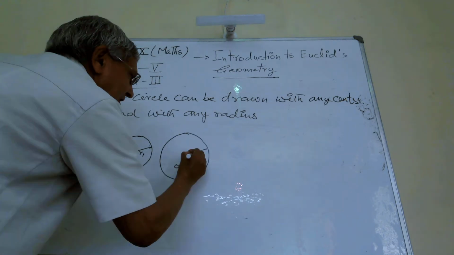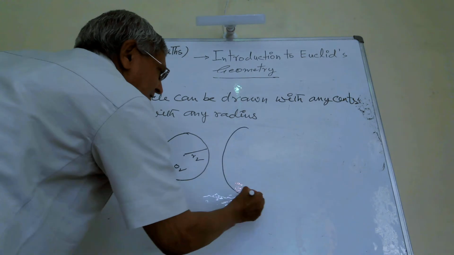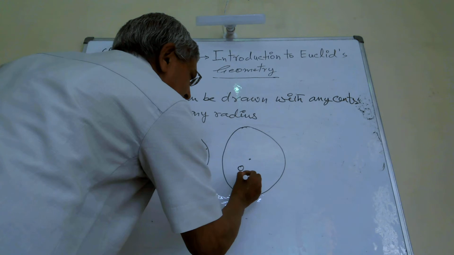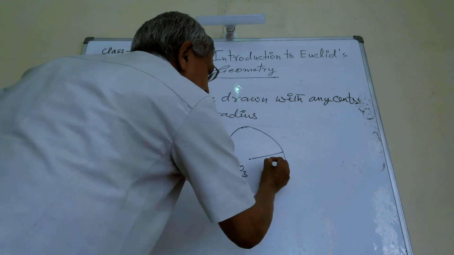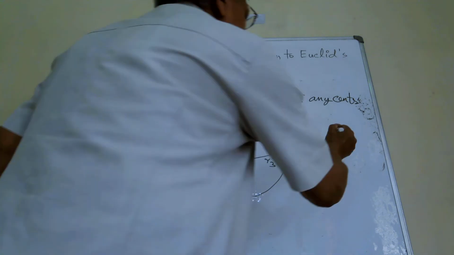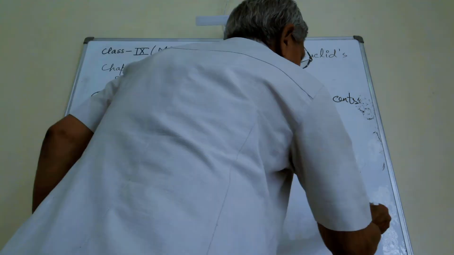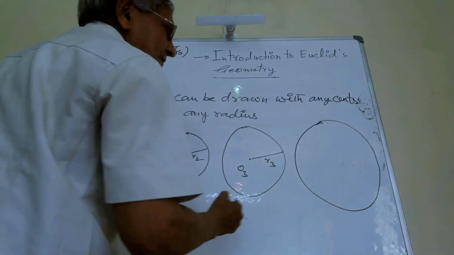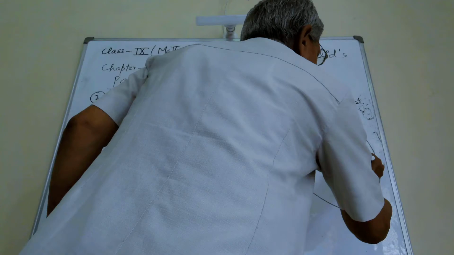This is another circle whose center is O3 and radius is R3. And this is the fourth circle whose center is O4 and radius is R4.